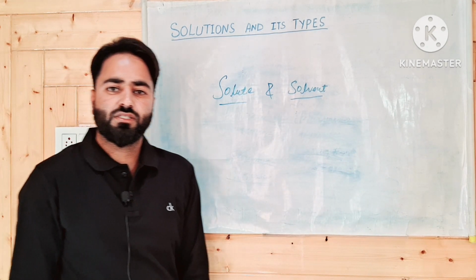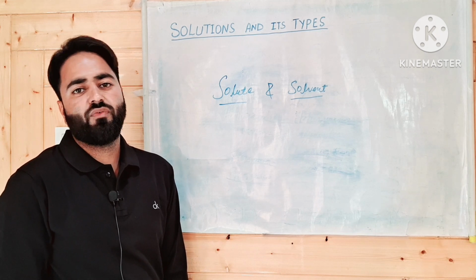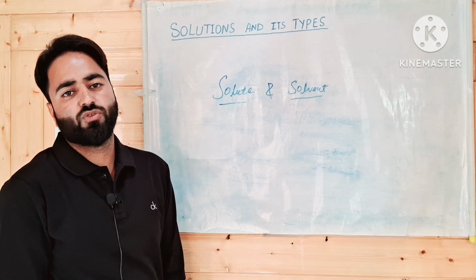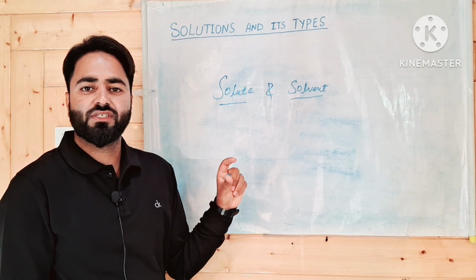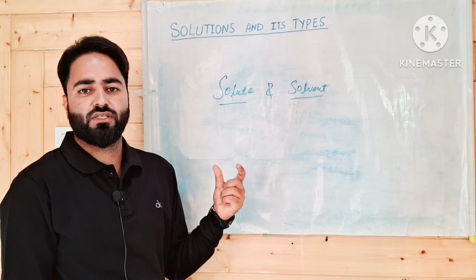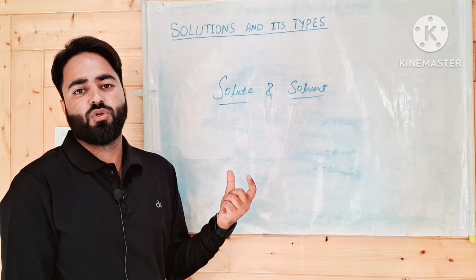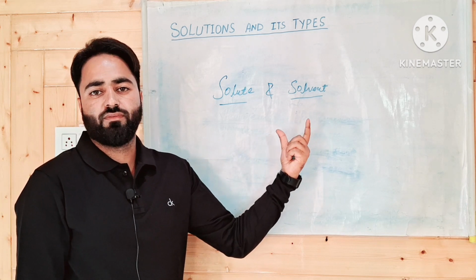The substance which is dissolved in a liquid to make a solution is called solute, and the liquid in which the solute is dissolved to make a solution is called solvent.